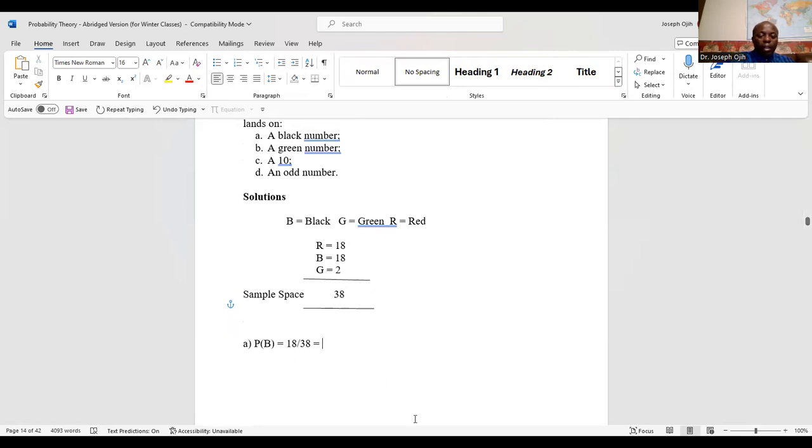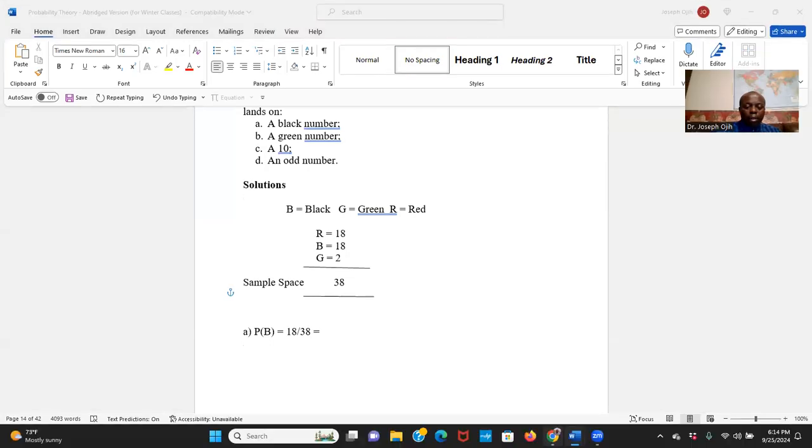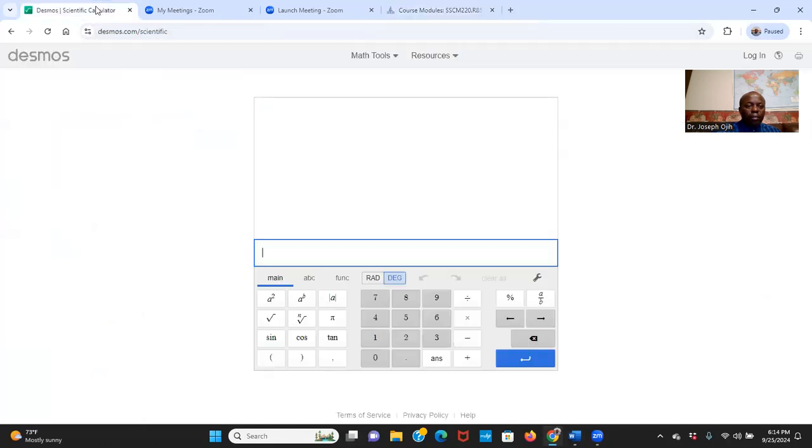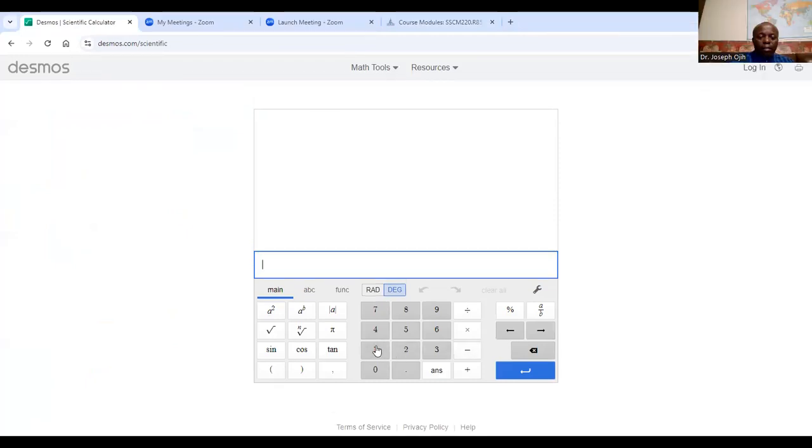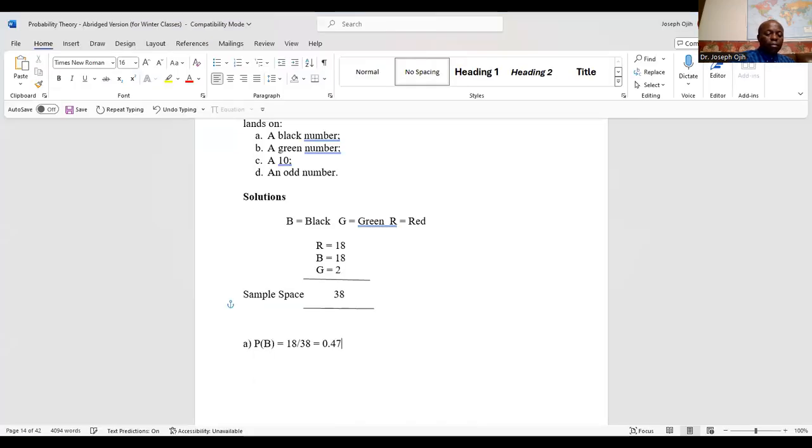From the calculator, 18 divided by 38 was 0.474.